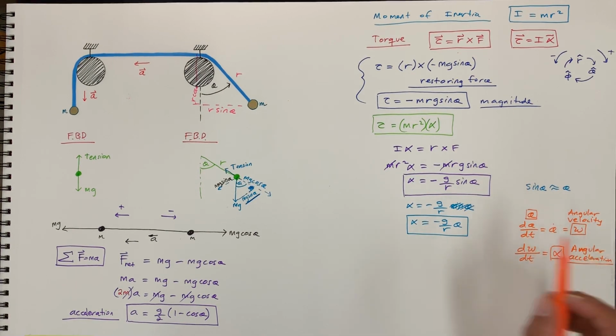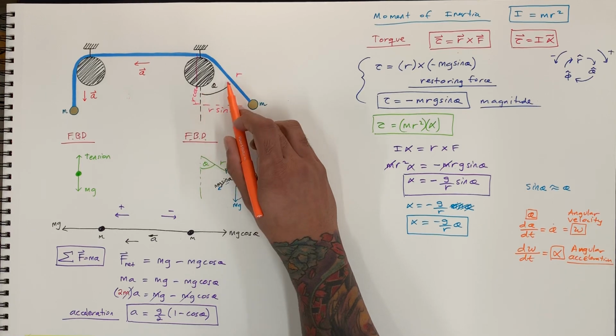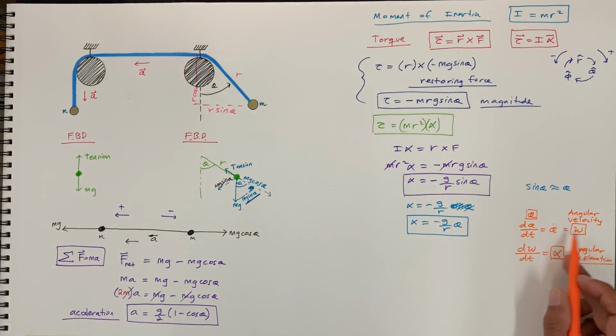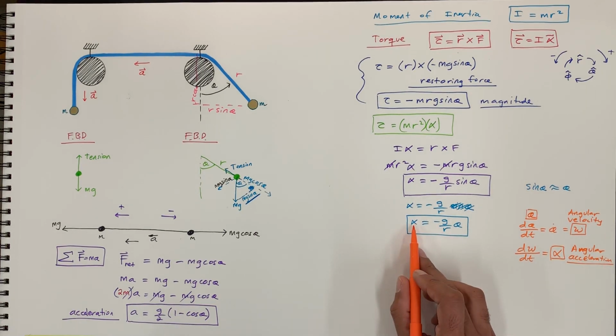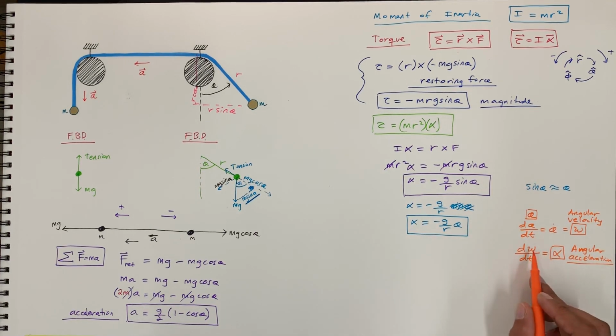And if we want to know whether there is a change in velocity, meaning an angular acceleration to that movement, then we take the derivative of omega, which is represented by alpha. So alpha is d omega dt.